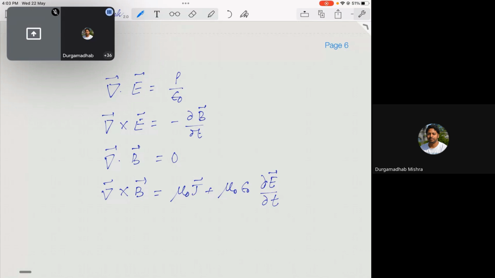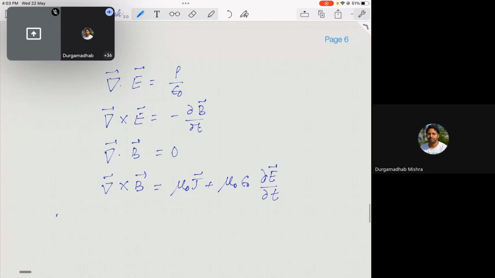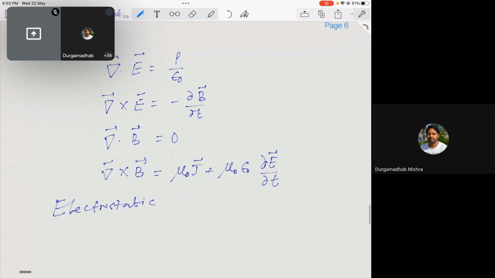And when we talk about electrostatics, we basically need the first equation. Del dot E is rho by epsilon naught. What is rho here?